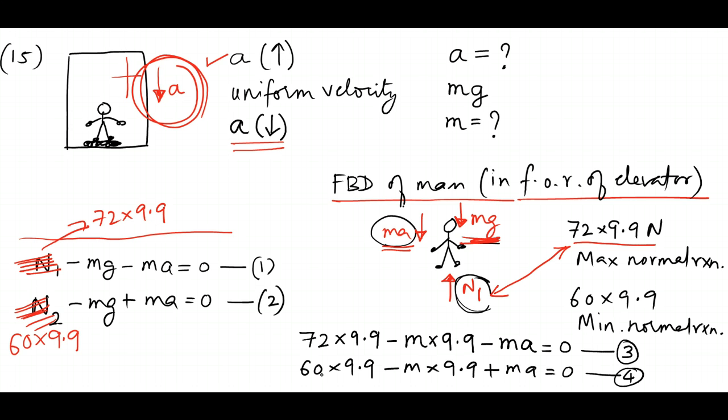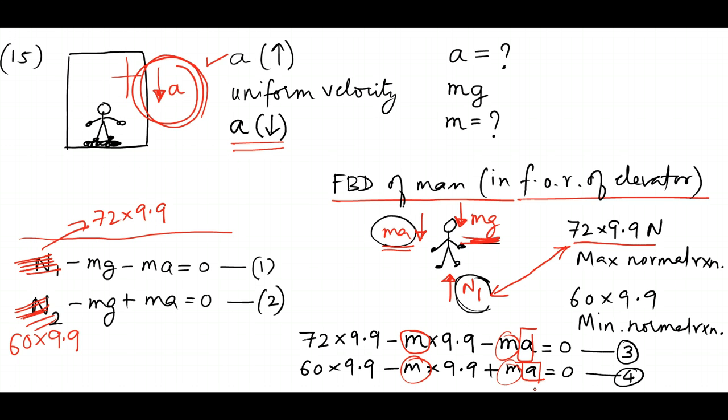And you'll notice that in these two equations there are two unknowns: m, which appears in several places, and the other unknown is a. And because there are only two unknowns, I can solve two simultaneous equations to find them.